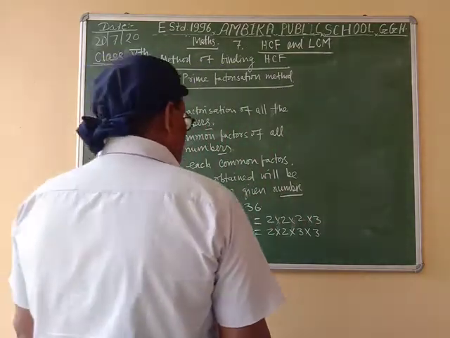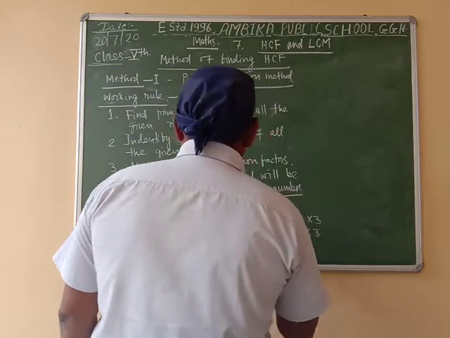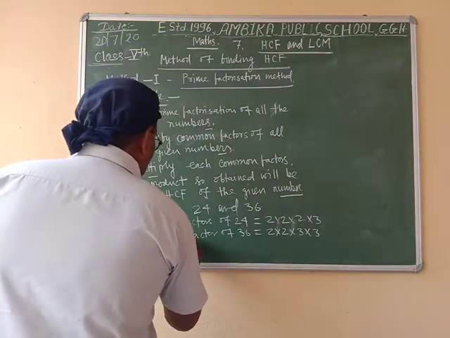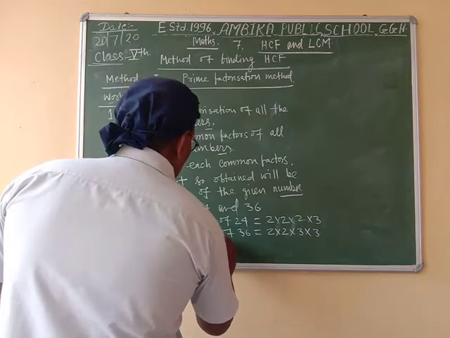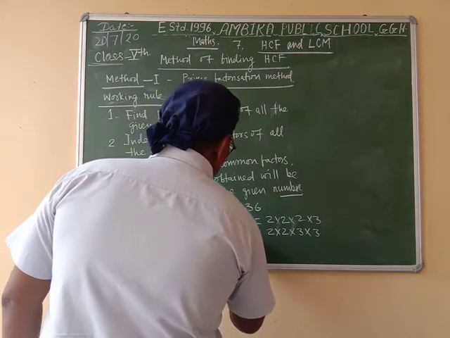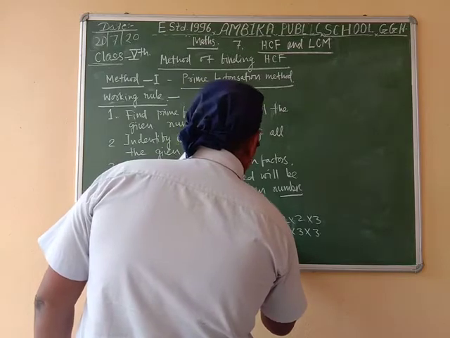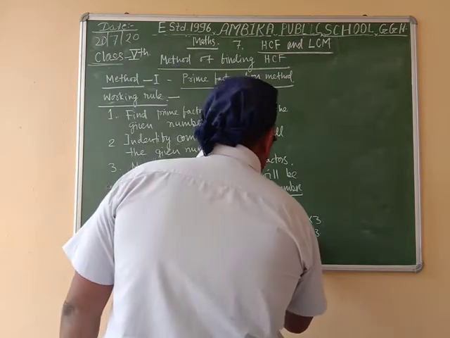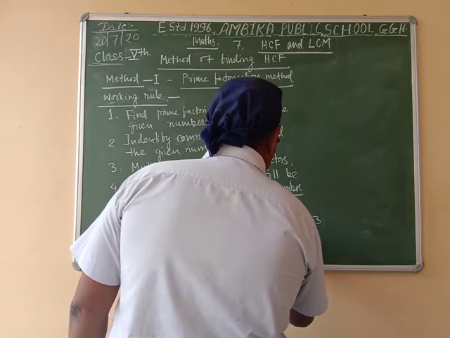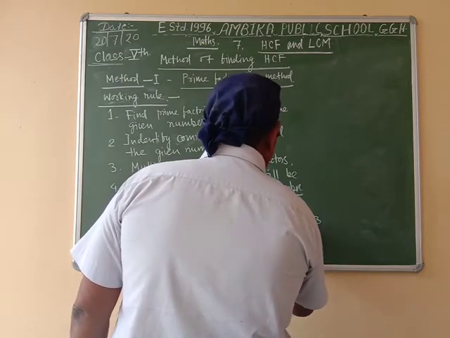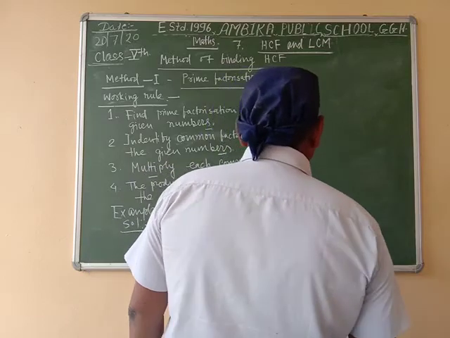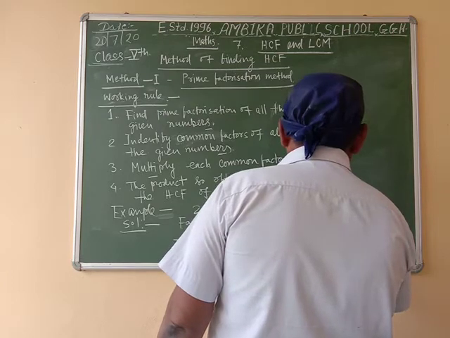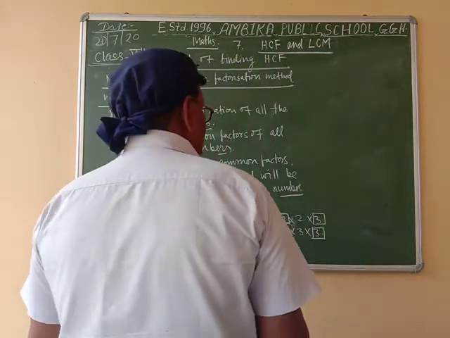Now after that we find the common factors. Therefore, common factors is equal to 2 into 2 into 3.